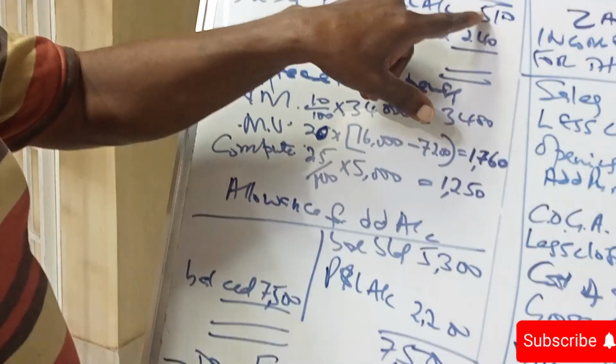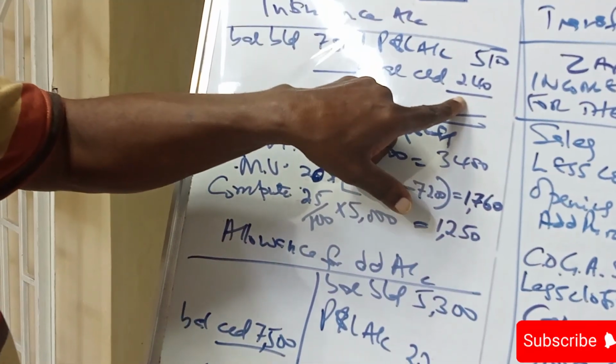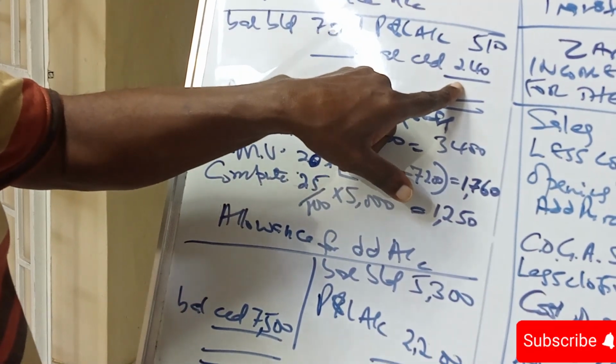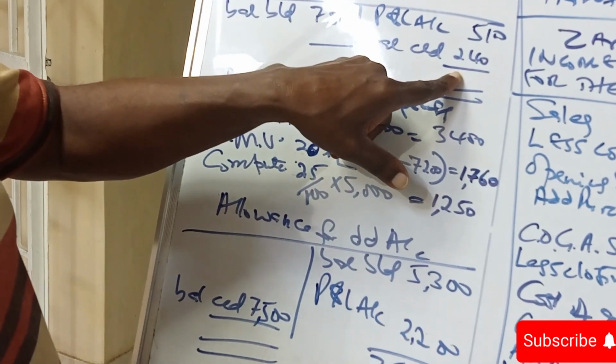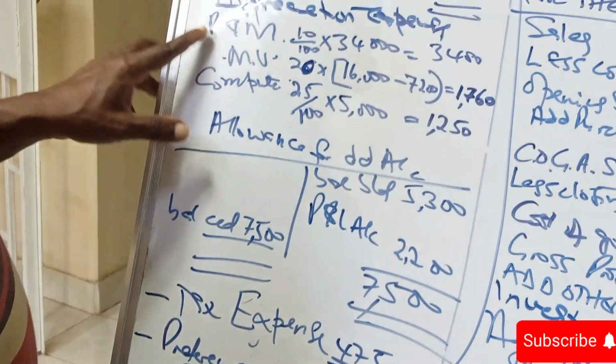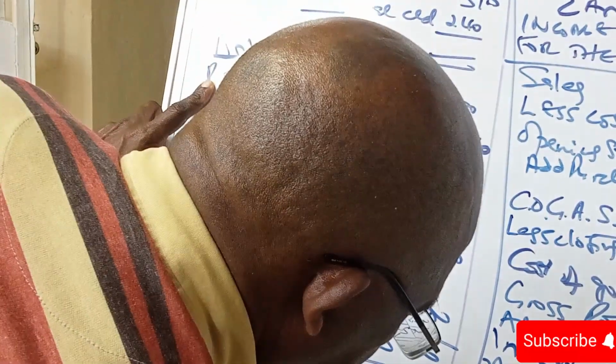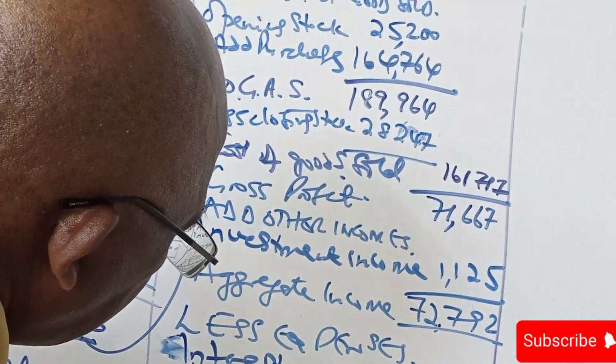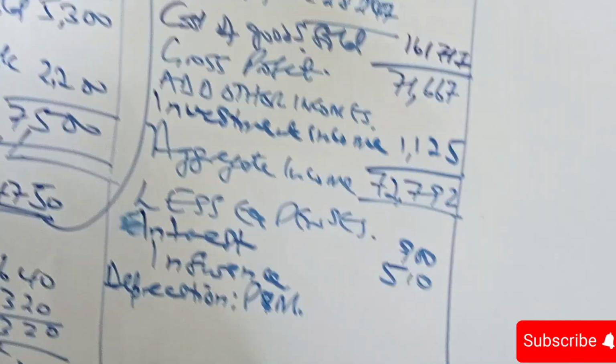I'm capturing 510 because 240 is prepaid insurance, which is shown as a current asset in the balance sheet. Depreciation for plant and machinery, capture in full, 3,400.